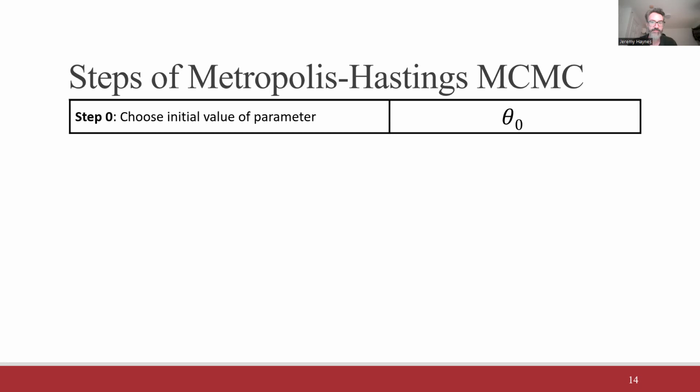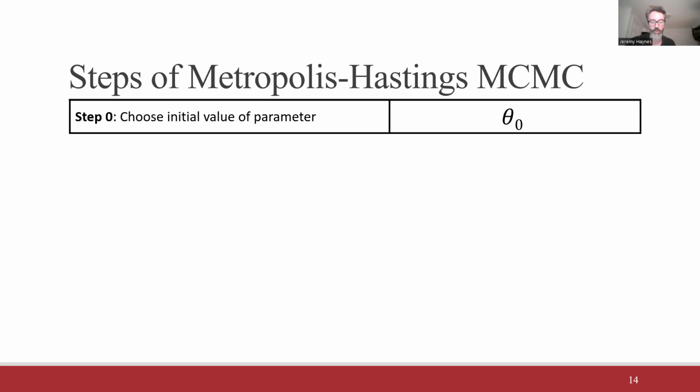And now the steps to the Metropolis Hastings MCMC are, again, we're going to choose an initial value of a parameter. So I'm going to call this theta naught. And again, this is just a random parameter value that is going to help us keep going. Later on, you'll see that I call it theta sub i.